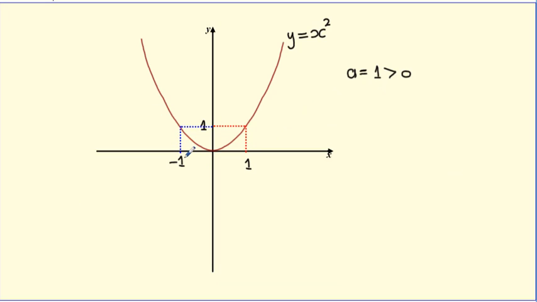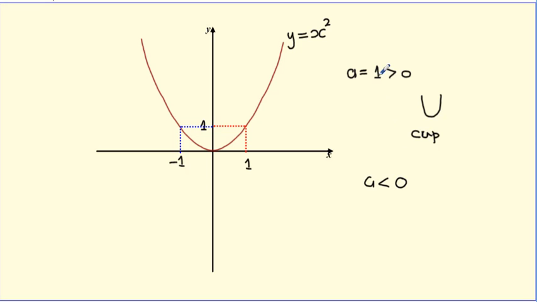So coming back to the standard graph with a greater than 1, what we observe is that this graph is facing up, which you could describe as cup up, meaning a cup facing up. Now on the other hand, just imagine what would happen if we take a less than 0.